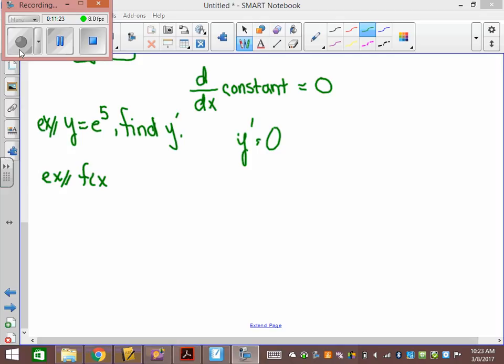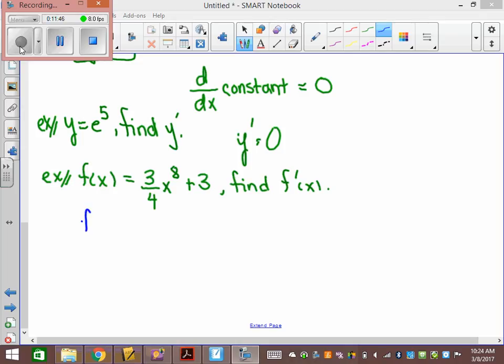f of x equals 3/4 x to the 8 plus 3. Find f prime of x. So this is a polynomial, just with a fraction coefficient, right? Still a polynomial.